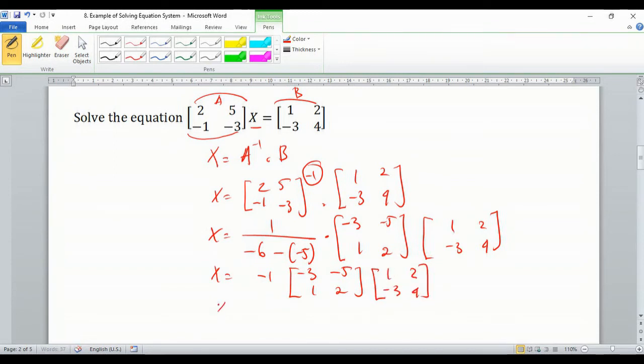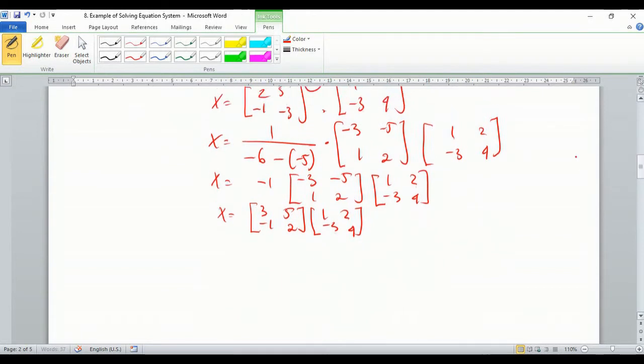Because this is a scalar, you can simplify to 3, 5, minus 1, 2, and then 1, 2, minus 3, 4. They have the same dimension.